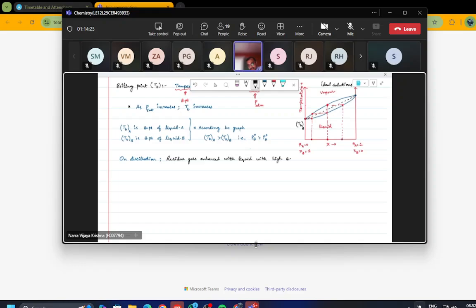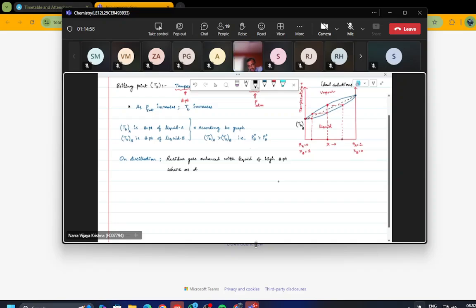A liquid which has a low boiling point will convert into vapor readily. So the one with a high boiling point will be present in the residue only, right? So residue gets enhanced with liquid of high boiling point.